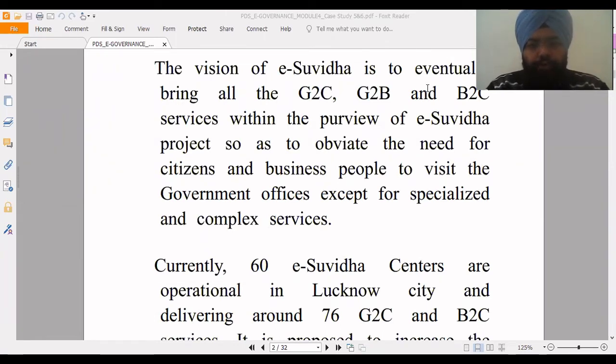The vision of E SUVIDHA is to eventually bring all the G2C, G2B, and B2C services within the purview of the E SUVIDHA project so as to obviate the need for citizens and business people to visit the government offices except for specialized and complex services.